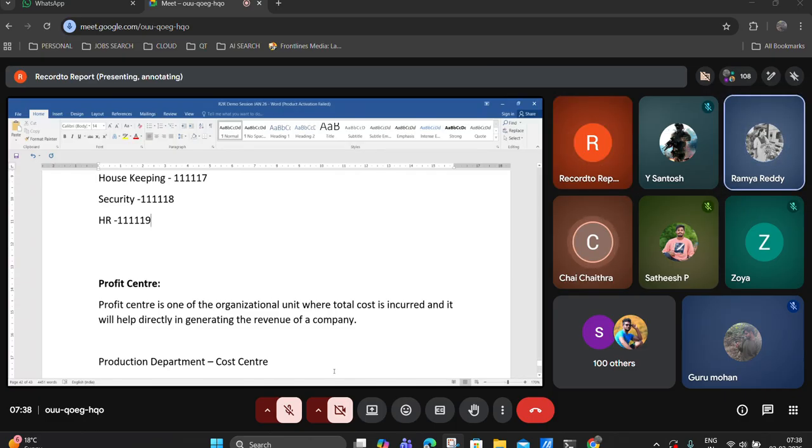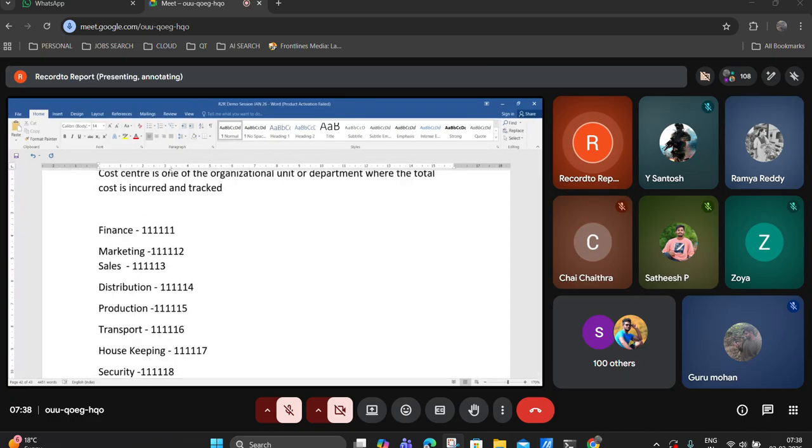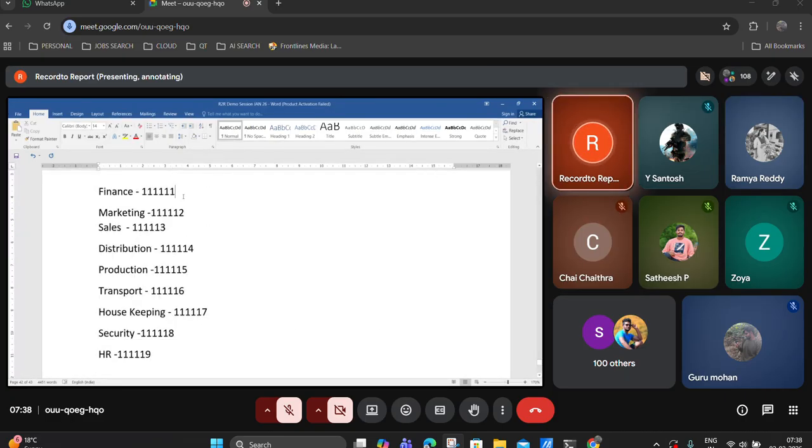Here I created 9 departments just for your reference. Assume that 10% of rent is consumed by finance, marketing 10 percentage, sales 10 percentage, and distribution 10 percentage. Just giving an example, guys.